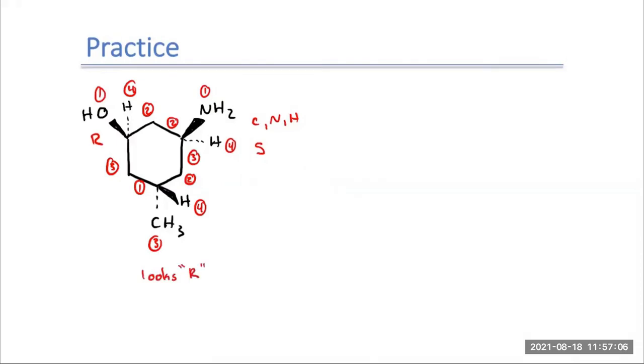But remember, that hydrogen is pointing forward. If our lowest priority is pointing forward, it actually is the opposite of what it looks like. Since I can't take this molecule and easily rotate it, we just have to remember that little trick. If number 4 is coming forward, it's the opposite of what it looks like. So it looks R, but it's really S configuration.